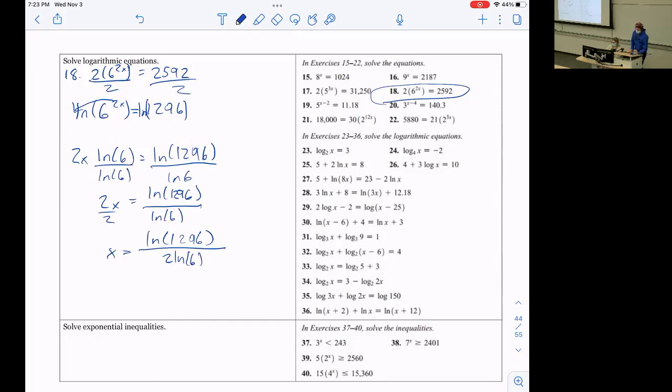And we can just plug that in. So I believe I got 2. Yeah, is it really that nice? I did it using log base 10 just for funsies. Oh, did you? Yeah. And so x is equal to 2.